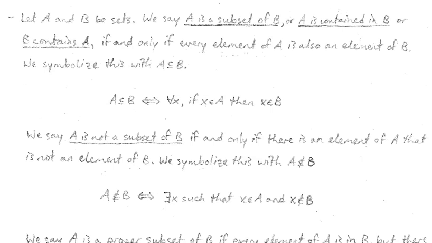So if you take a look at your set A and your set B, if every guy that's in set A also lies inside of set B, then we know that A is a subset of B. And we have a special symbol for this. We have A, and then it looks like a lowercase c, and underneath it is one horizontal line.